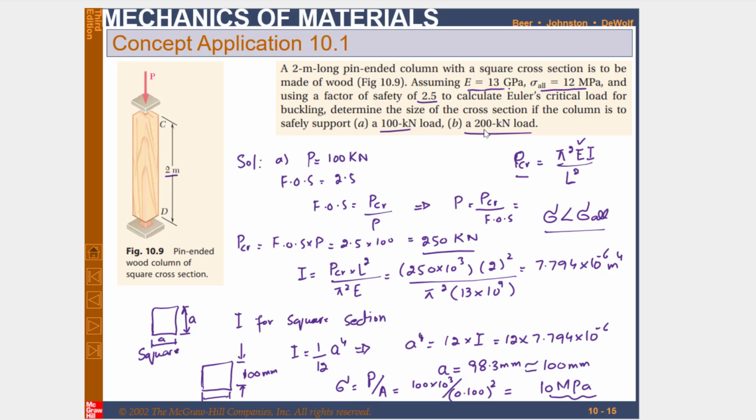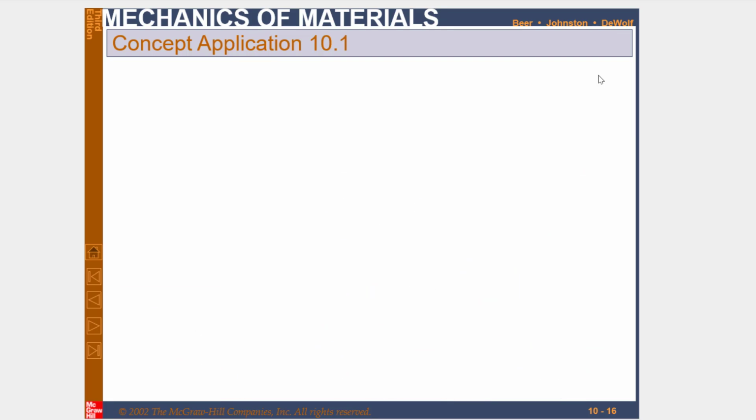Now in the second part you have 200 kilonewton. So again you will use the same concept. P is now equal to 200 kilonewton. Again, by using the formula, P is equal to P critical over factor of safety, so factor of safety is 2.5 and P is 200 kilonewton.